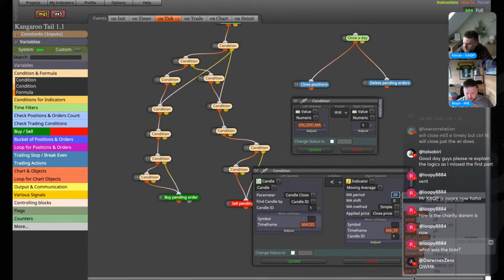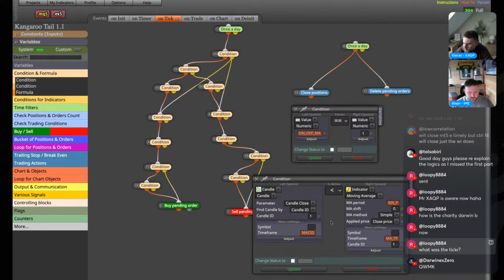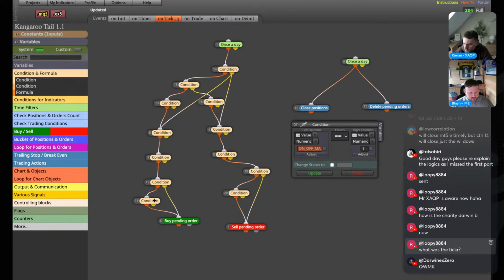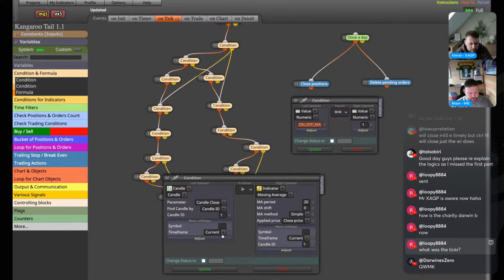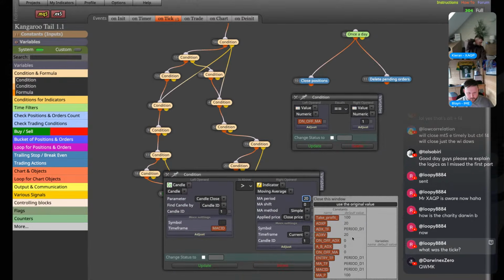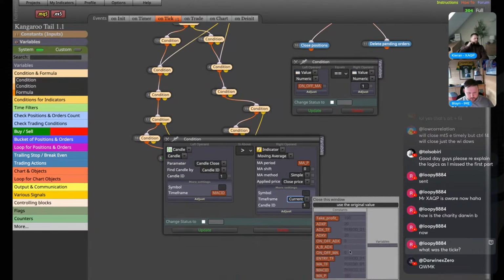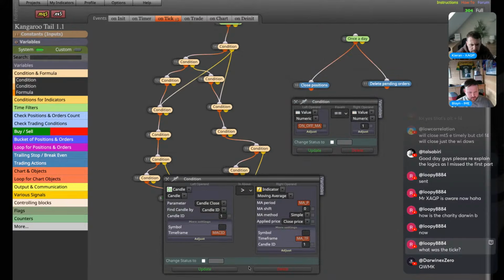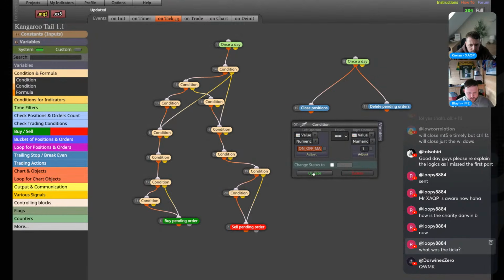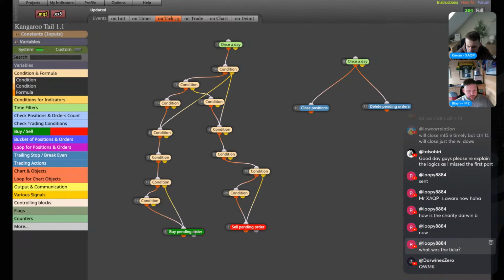And that's that. Did we do the other side? Nope, not done that yet. MCP, period, moving average. Okay. And that is simply it.